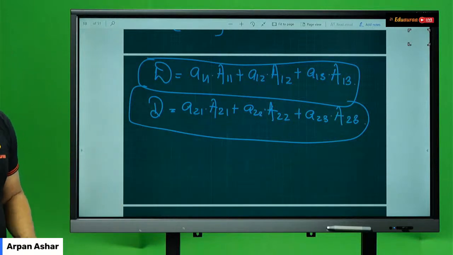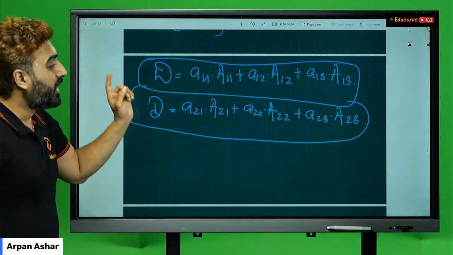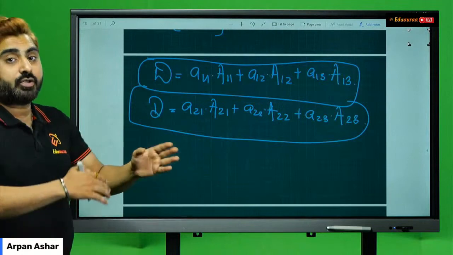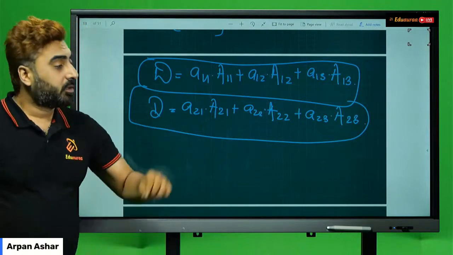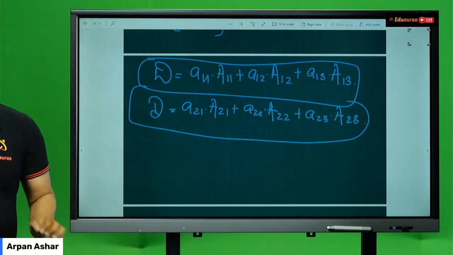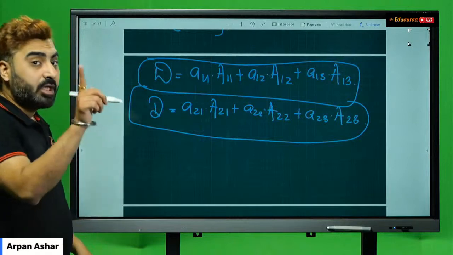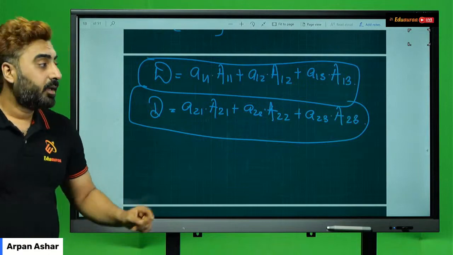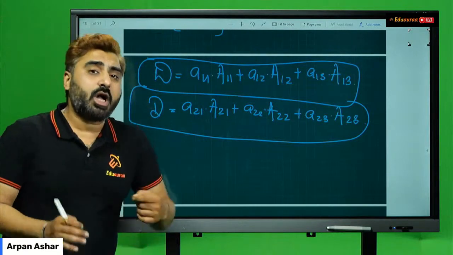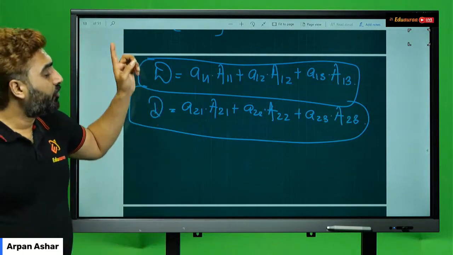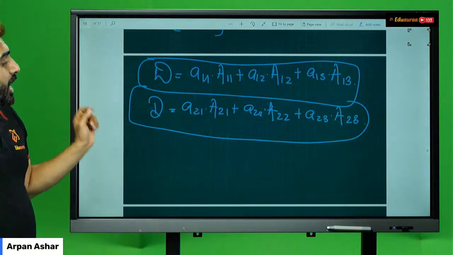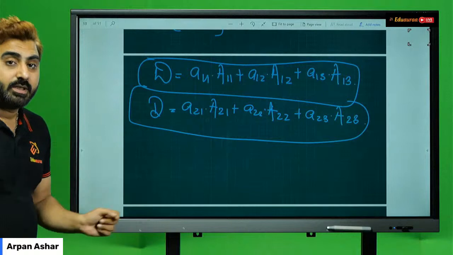By chance, if you consider the elements of one row and the cofactors of some other row, the answer will always be 0. Remember this, it will help you in your MCQs. If you consider elements of one row and cofactors of some other row, the answer will always be equal to 0.